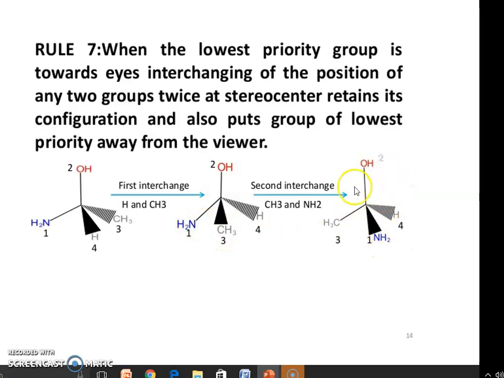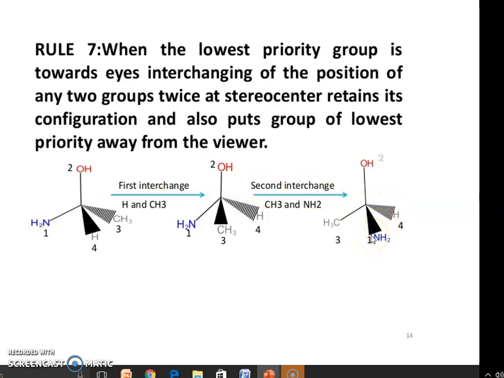After this, you can see that the lowest priority group is away from the viewer. It cannot be viewed from the front side now. So like this, we can assign the priority and configuration based on the first interchange and second interchange.